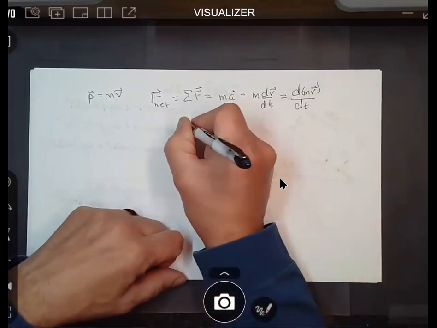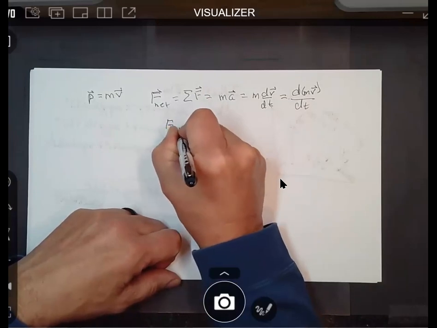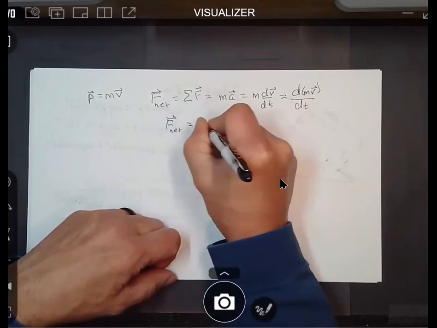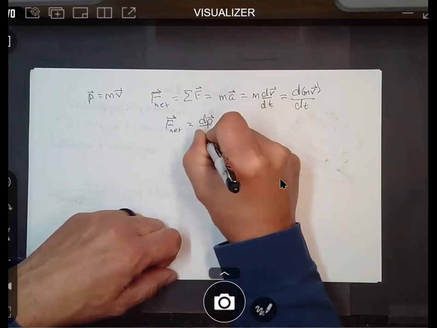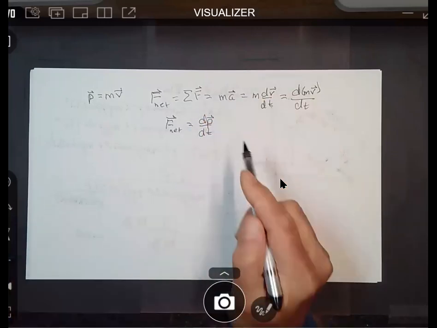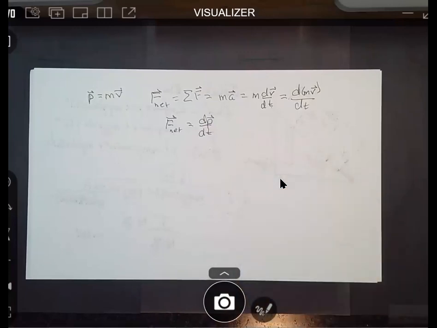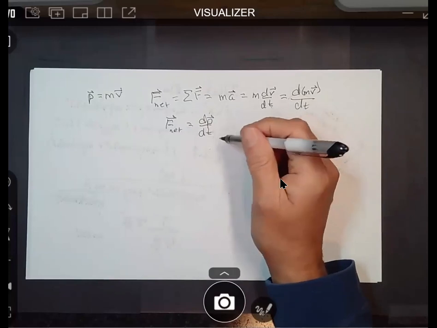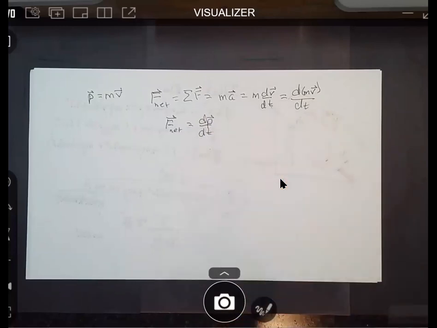Anyway, Newton's second law could also be written as the net force acting on something being dp/dt, the time rate of change of the momentum. So you can look at Newton's second law this way.